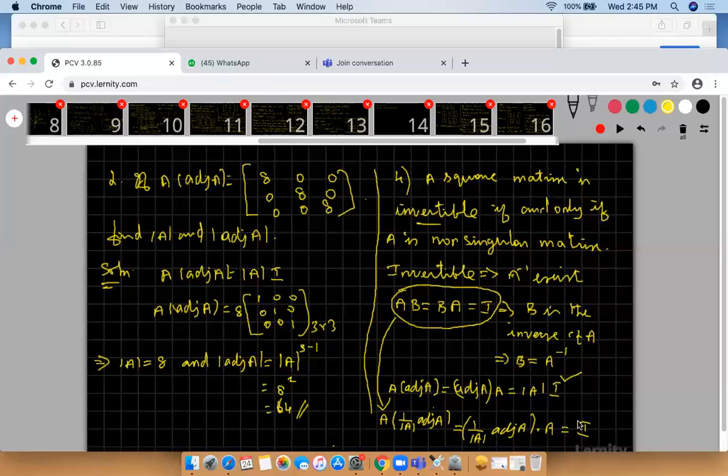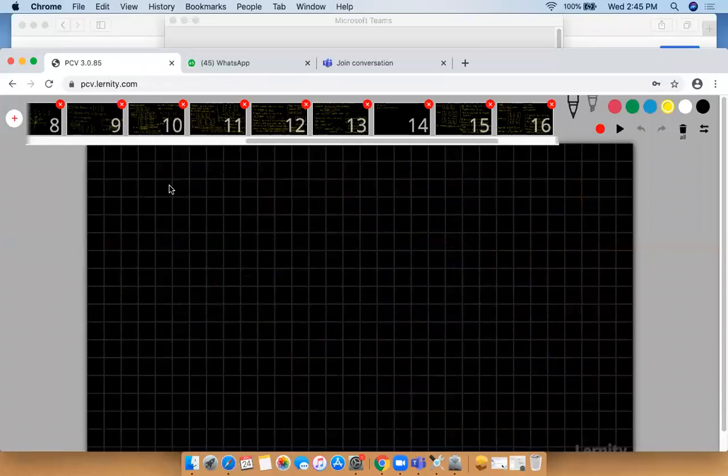So therefore, my conclusion is B is equal to 1 by determinant of A, adjoint of A. What is my B? B is the inverse, A inverse. Therefore, the inverse of the matrix is equal to 1 by determinant of A, adjoint of A. Here, look at that.